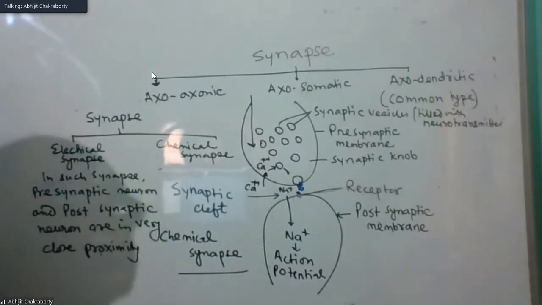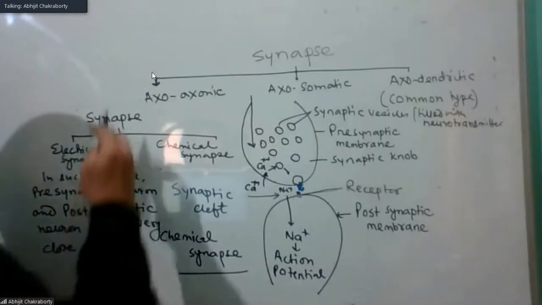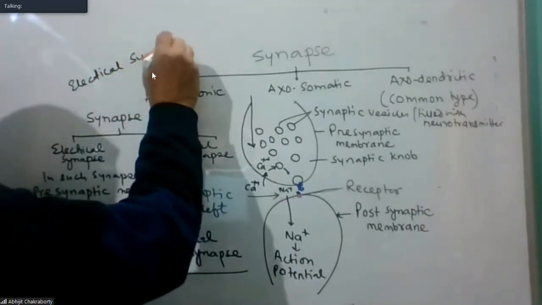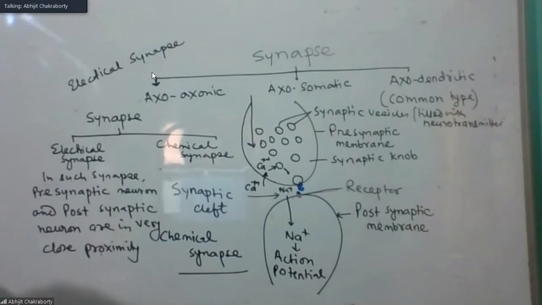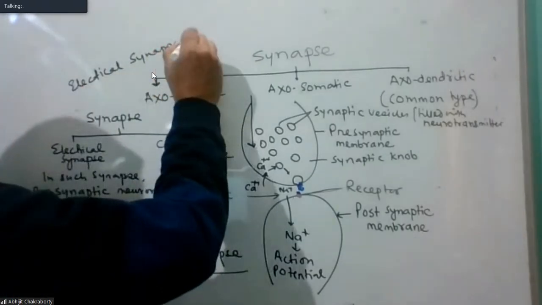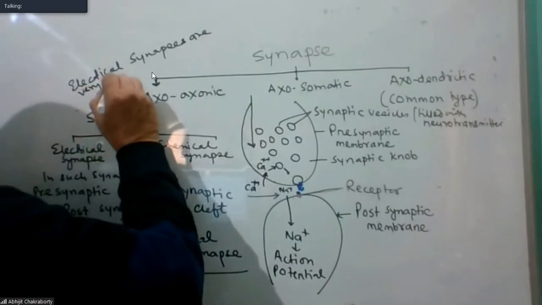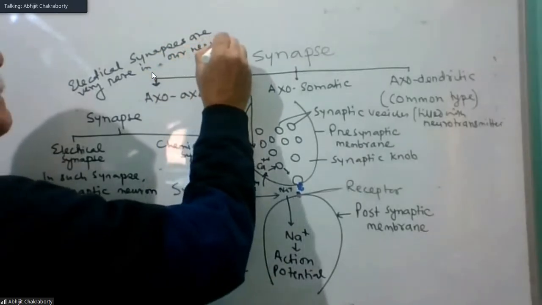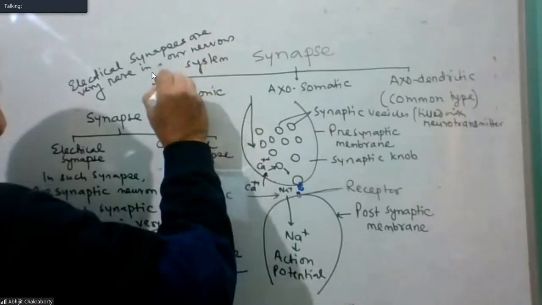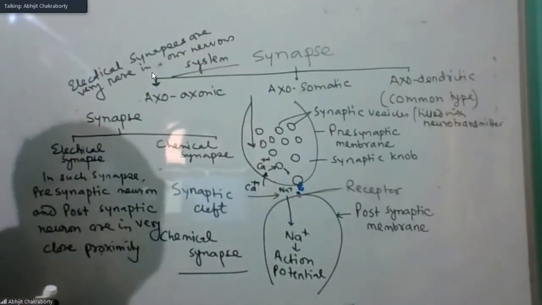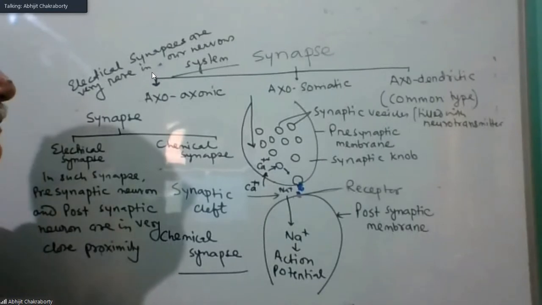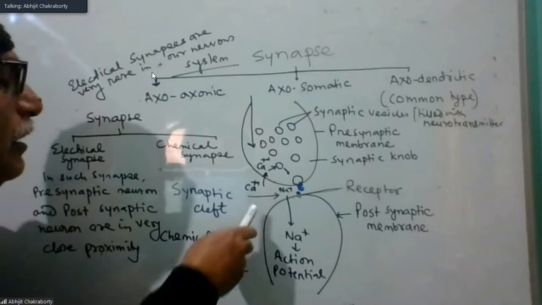But such a type of synapse is very rare in human beings. Electrical synapses are very rare in our nervous system, but in case of chemical synapse, a fluid-filled space is present between the presynaptic neuron and postsynaptic neuron, which is called the synaptic cleft.